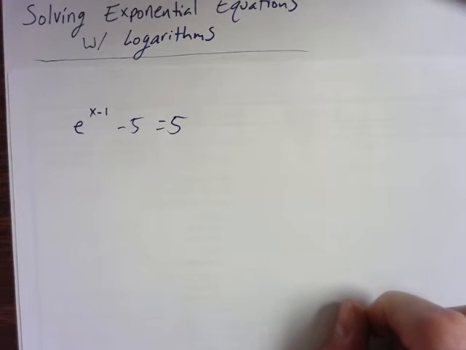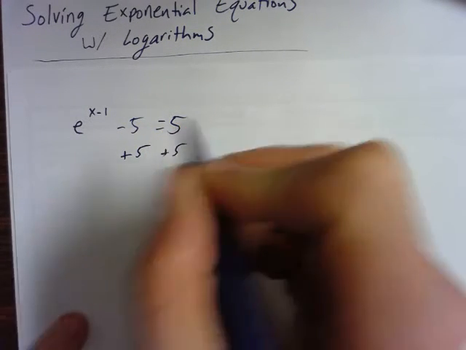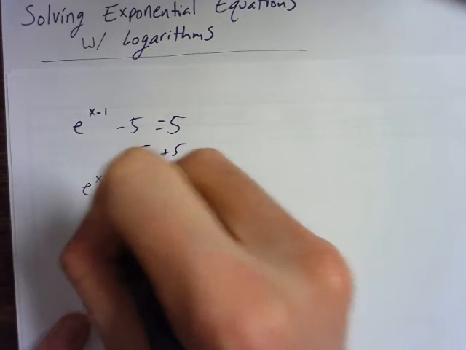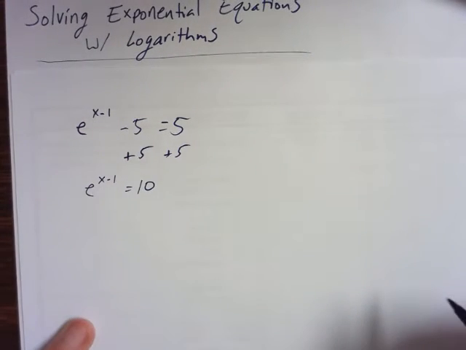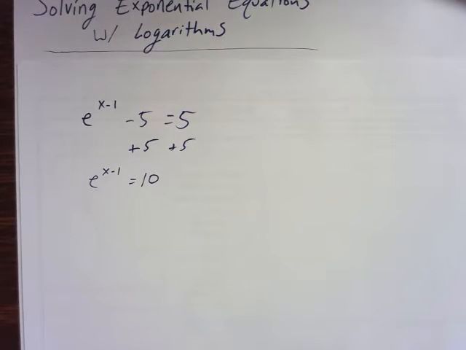Okay, once again, we need to just remember our regular simple algebra. And let's add 5 to both sides. And so I have e to the x minus 1 power equals 10. And now this time, instead of doing just regular log, which I could do log base 10 and still get the same answer there.